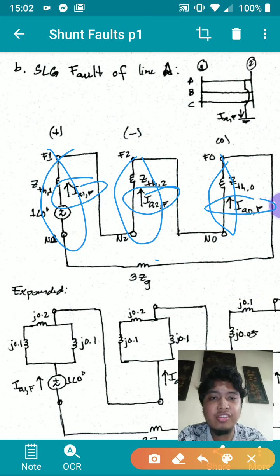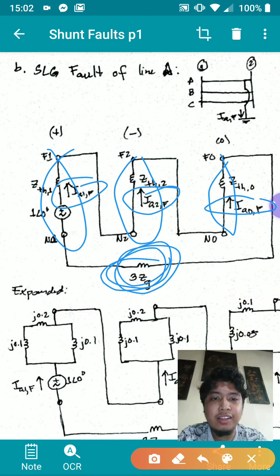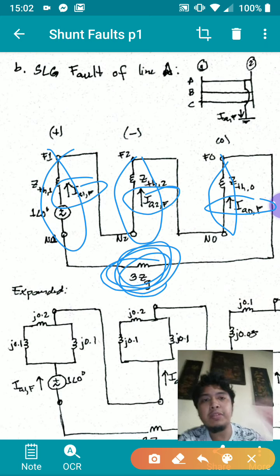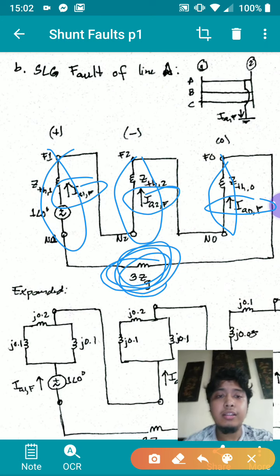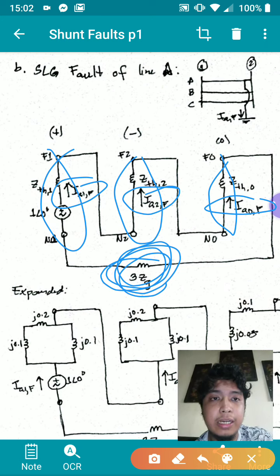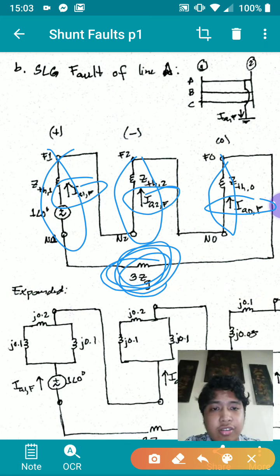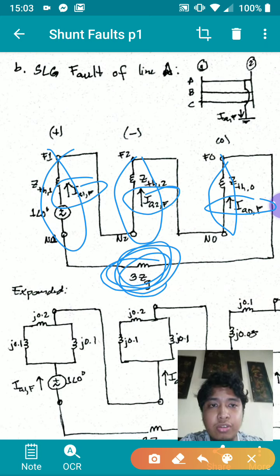And these 3 sequence networks are in series with a 3ZG. What is this 3ZG? Again, if the event of fault introduced a fault impedance into the system, then you introduce that into the network. So this 3ZG is this ZG here, or I think I can use ZF.